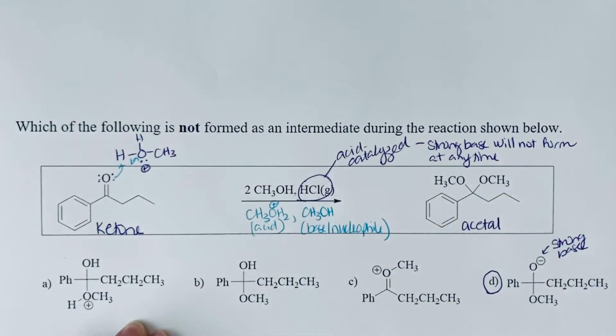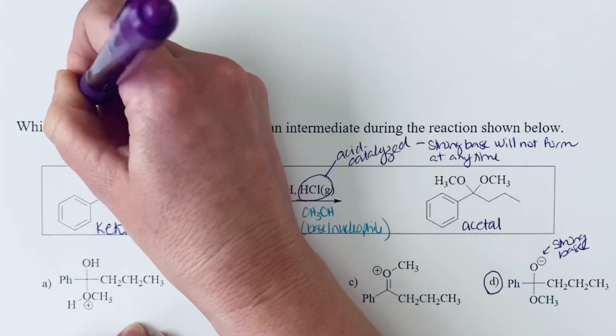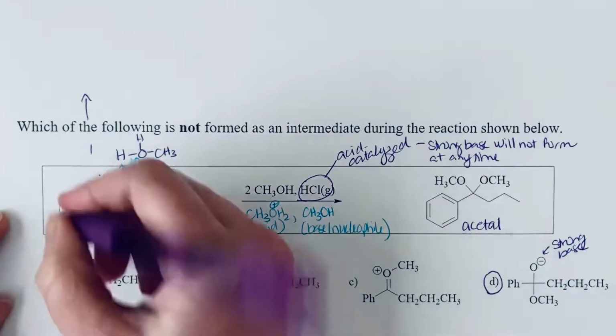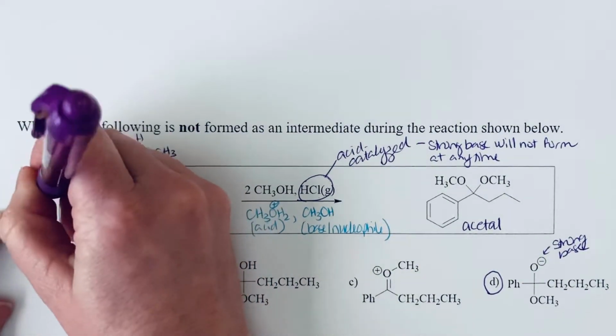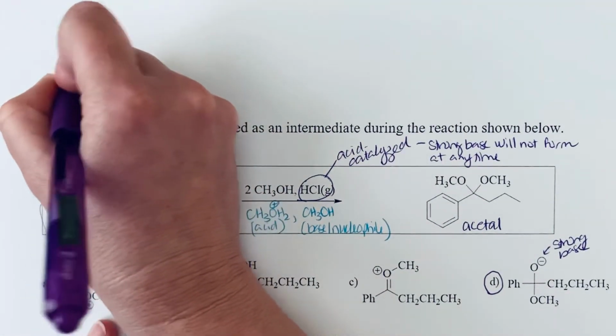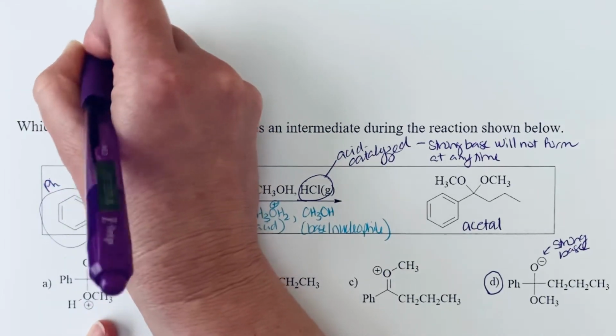Okay, and so this is going to get us to a tetrahedral intermediate. And I am going to, like the answers down here, use the abbreviation Ph for that phenyl ring to make this a little less cumbersome as we draw out all the steps. Okay, so we've got a protonated carbonyl.